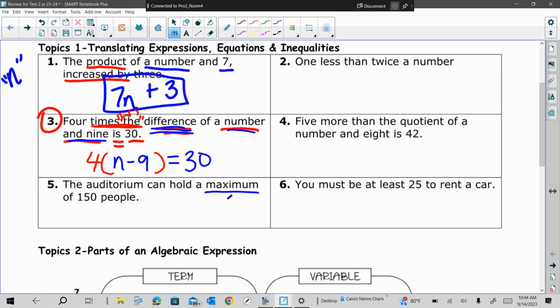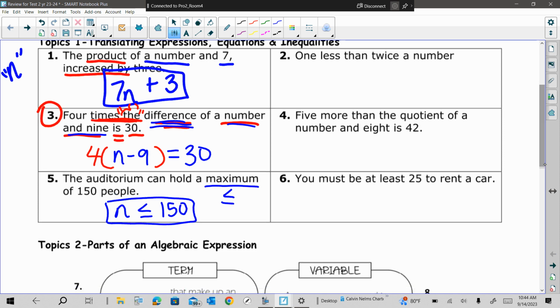It would have to be less than or equal to. I'm just going to use n as my people. n is less than or equal to 150. So make sure you know the words that correlate with the inequality symbol.